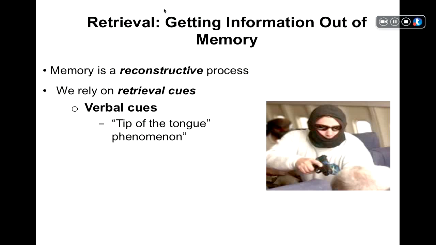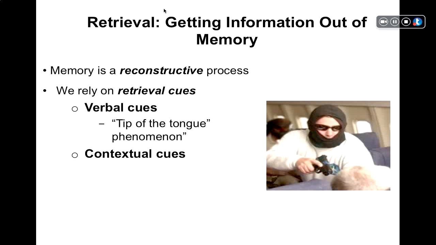So tip of the tongue, if I give you a verbal cue, it's like, oh yeah, I got it. So the word is iatrogenic. So tip of the tongue phenomenon I'm just mentioning here is a failure in retrieval, but if we're given a verbal cue, like the first letter or what the word sounds like, often that can aid in the retrieval process.